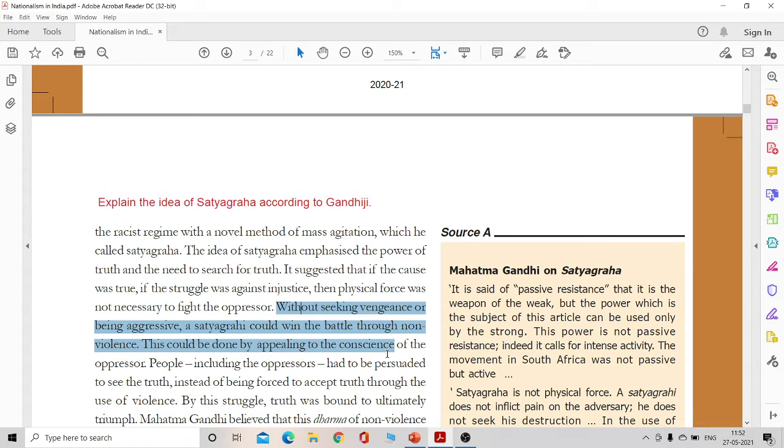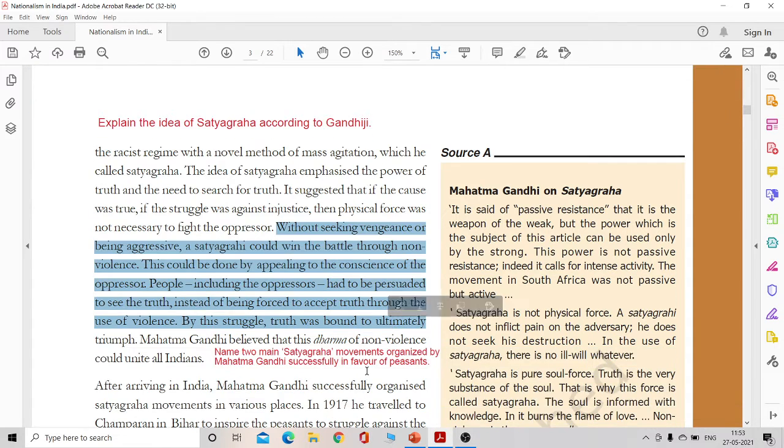and what it wanted to do was appeal to the conscience or the sense of morality of the oppressors. People, including the oppressors, were to be persuaded, not forced, to see the truth themselves. And if they see the truth, then there will be no need of force or violence, and ultimately truth would win, right?